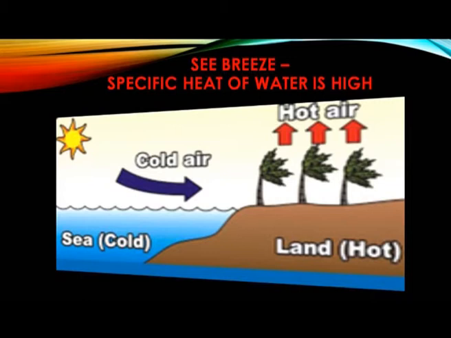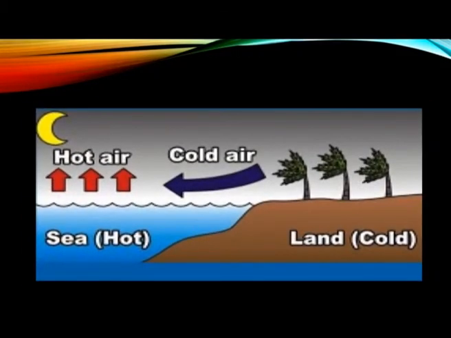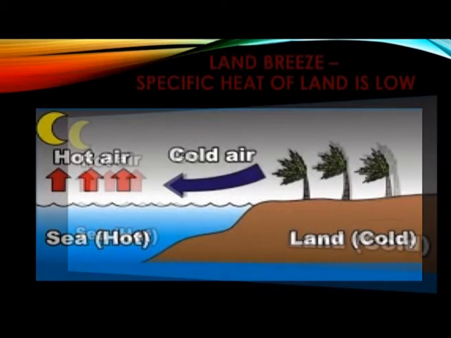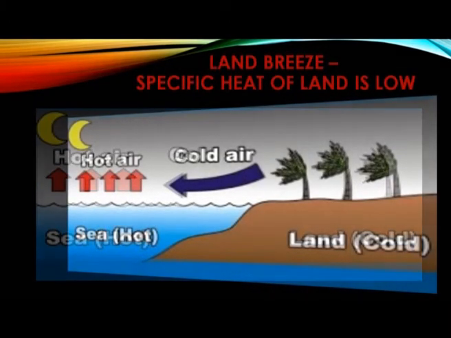Now let us consider another example, land breeze. At night, heat is lost from the land and the sea also. The water in the sea has a larger specific heat, so it loses temperature more slowly than land. Then the hot air above the sea rises.